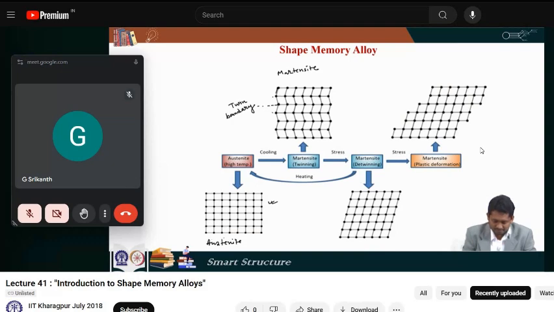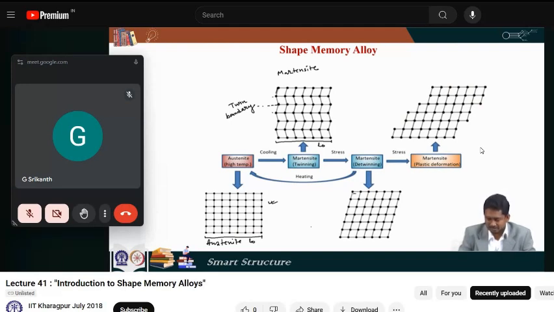Now if I compare the overall dimension of these two, if this is L0, this is also more or less L0. So macroscopically they are the same, although microscopically they are different. Now if some force is applied on this twin structure, maybe a shear force like this, then this twin structure changes and the entire thing detwins and it looks like this.